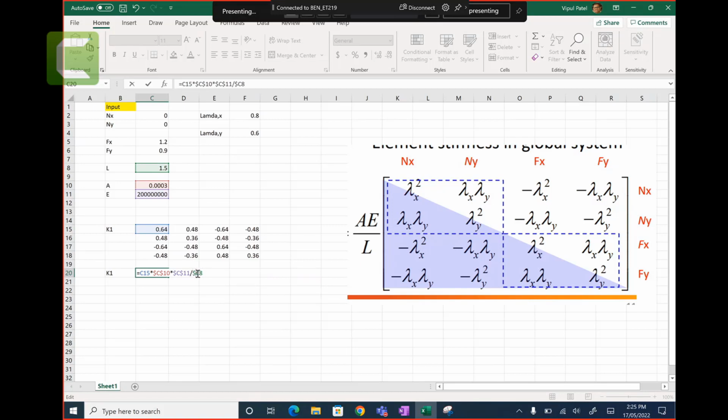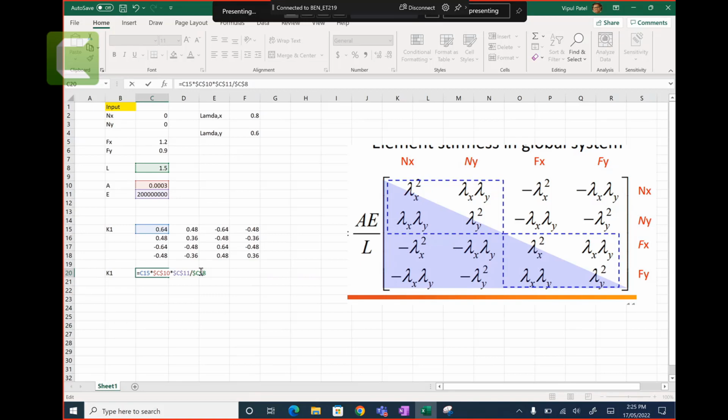Where? Which one? This one? No. There is a short form that you have bracket first, multiplication after. Do you know that?